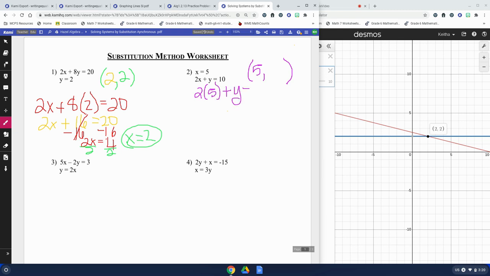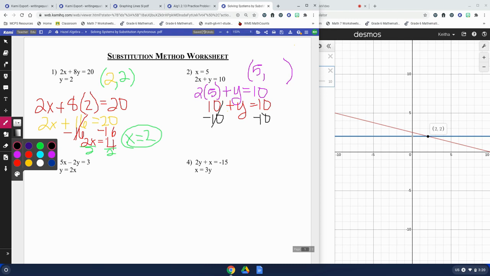This leaves us with the ideal situation where we only have one variable to figure out. So 2 times 5 is 10. 10 plus y is 10. To solve for y, we need to minus 10 on both sides. So y is 0.